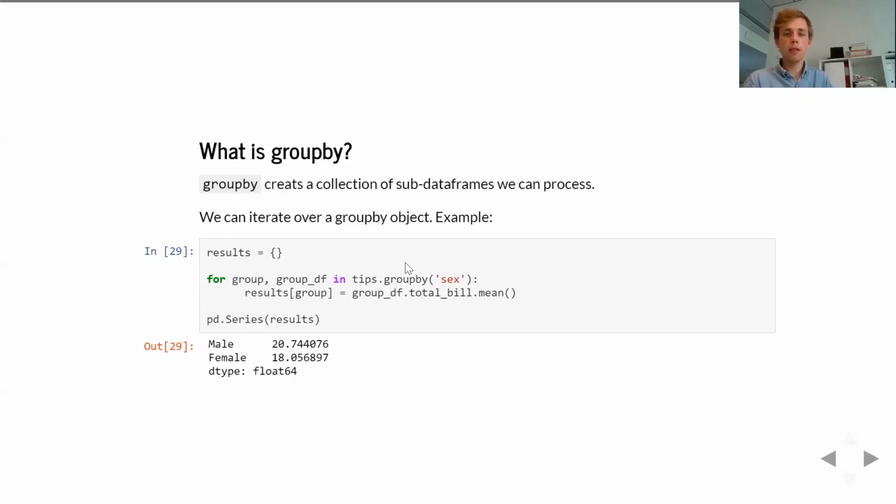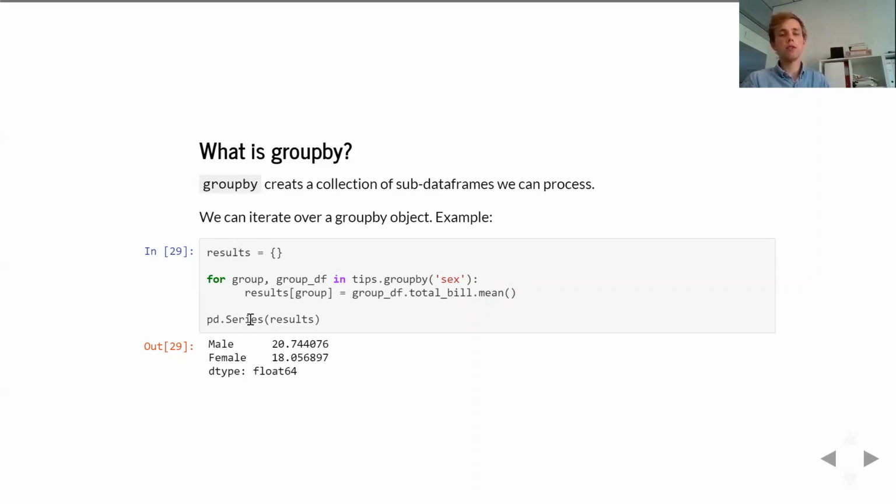In this case, I iterate over the two different sub-data frames that are created with this sex variable, and then I store first the key, which is the different values in the sex variable, and then I compute the mean within each of these sub-data frames, and then I store it in this results dictionary.